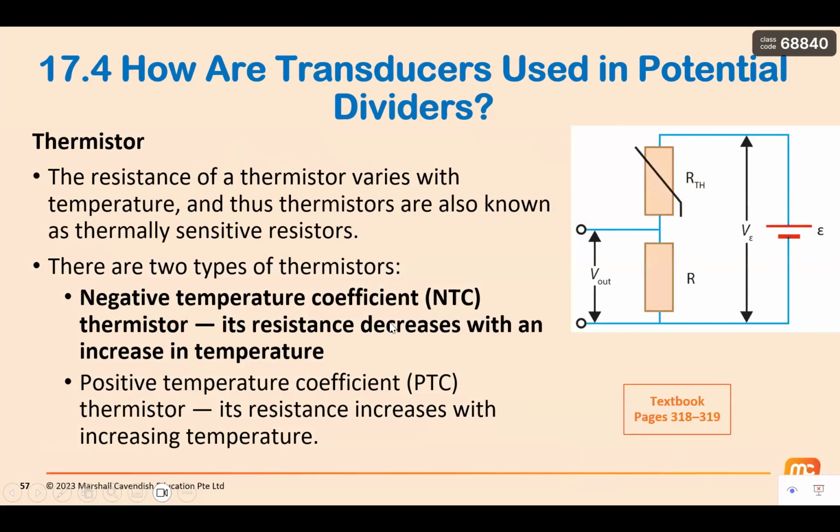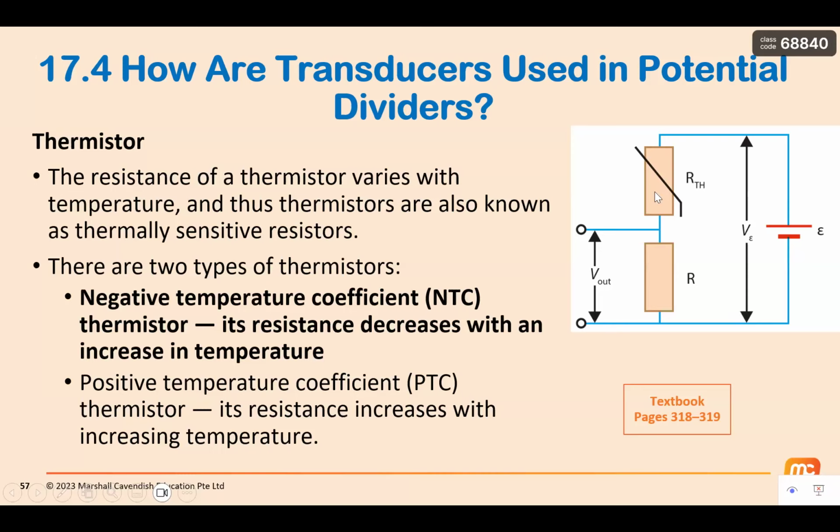For the thermistor, there are actually two different types. One is called the negative temperature coefficient, and one is called the positive temperature coefficient thermistor. But if the question does not give you any information, it is always assumed to be a negative temperature coefficient. Most of the time, the question will give you information in the form of a graph or a table showing how the resistance of a thermistor changes with temperature.